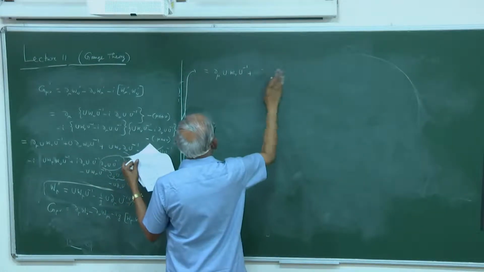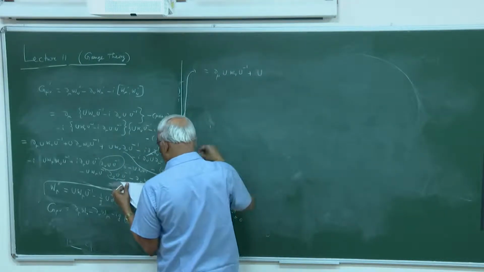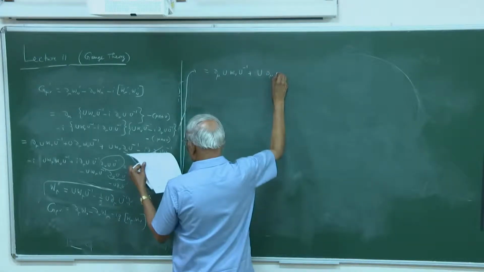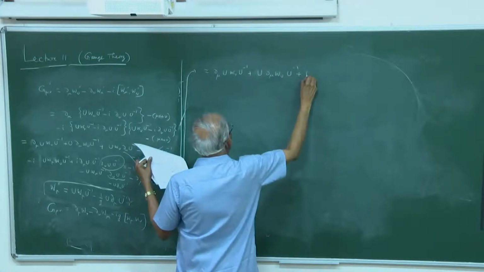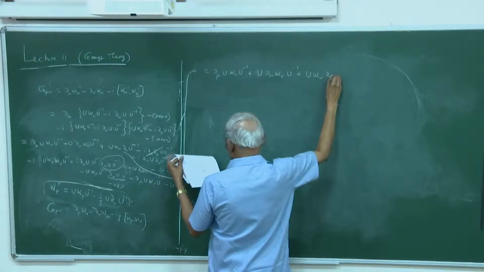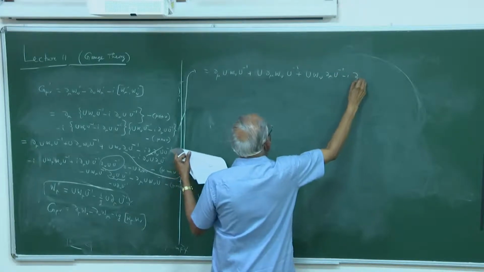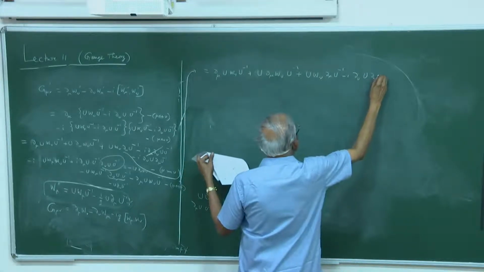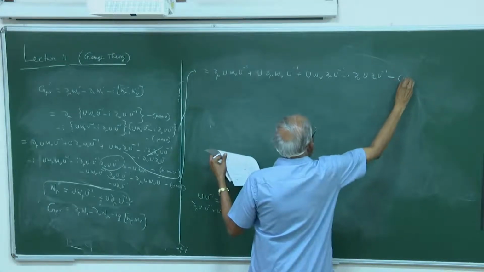I'm sorry, the whole thing is wrong. I am just rewriting those things, that's all. U d mu W nu U inverse plus U W nu d mu U inverse minus I d nu U d mu U inverse plus the anti-symmetrization.